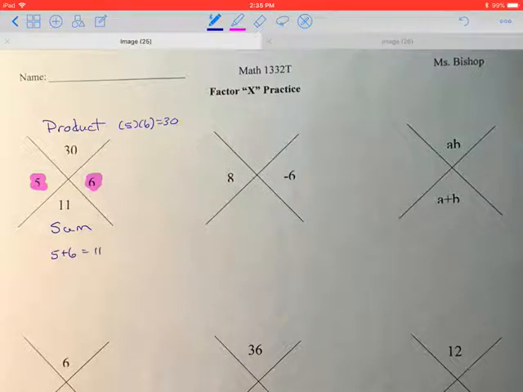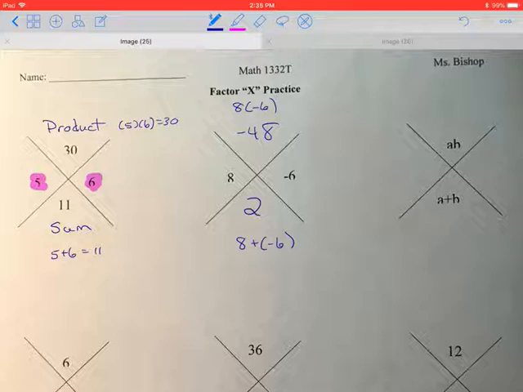So let's say, for example, for the next one, we have the numbers in the middle. We want the top number to be the product of 8 times negative 6, so that would be negative 48. And we want the bottom to be the sum of 8 plus negative 6. Remember, the signs are different, so we subtract and keep the sign on the 8, and that would be a positive 2.